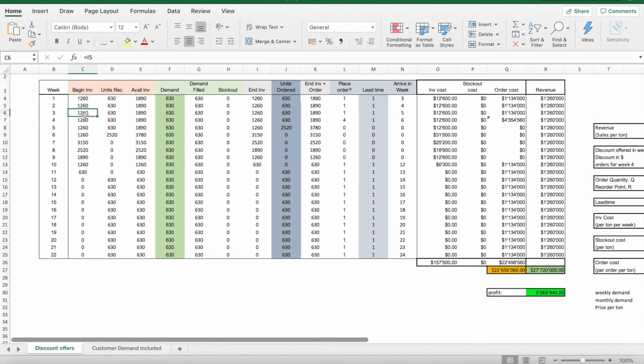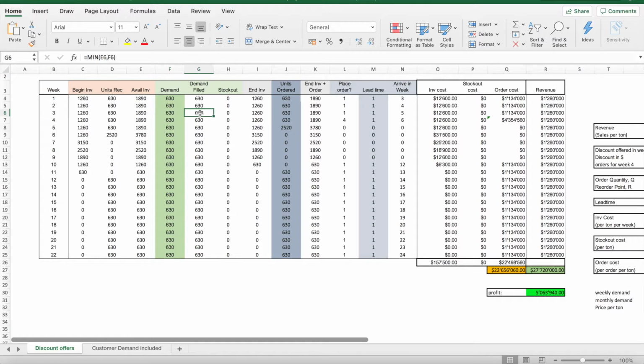We start in week 3 with a beginning inventory of 1,260, which is the end inventory of the period before, week 2. Afterwards, we have the units received, which looks up whether an order is supposed to arrive in that week. The available inventory is just the beginning inventory summed up with the units received. Afterwards, we have our in-house demand, which is 630.